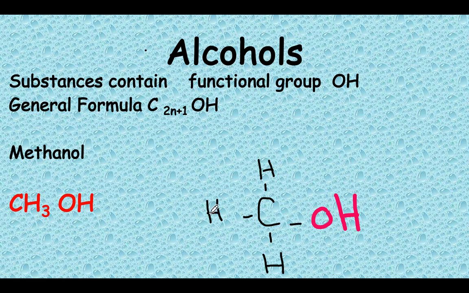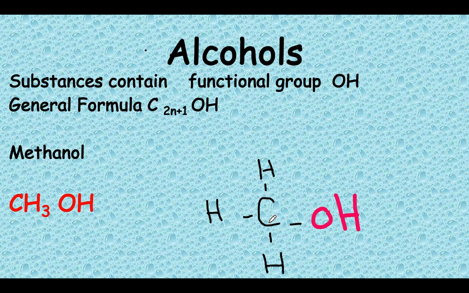Now let's move to the third homologous series, which is called alcohols, which are substances containing the functional group OH. And the general formula is CnH2n+1OH. n is the number of carbons. In the first member of alcohols, it's 1 carbon.